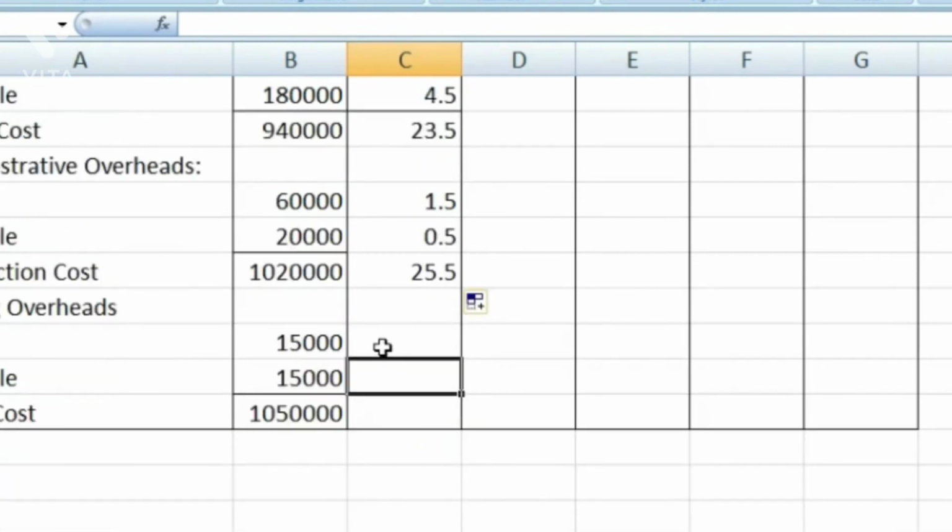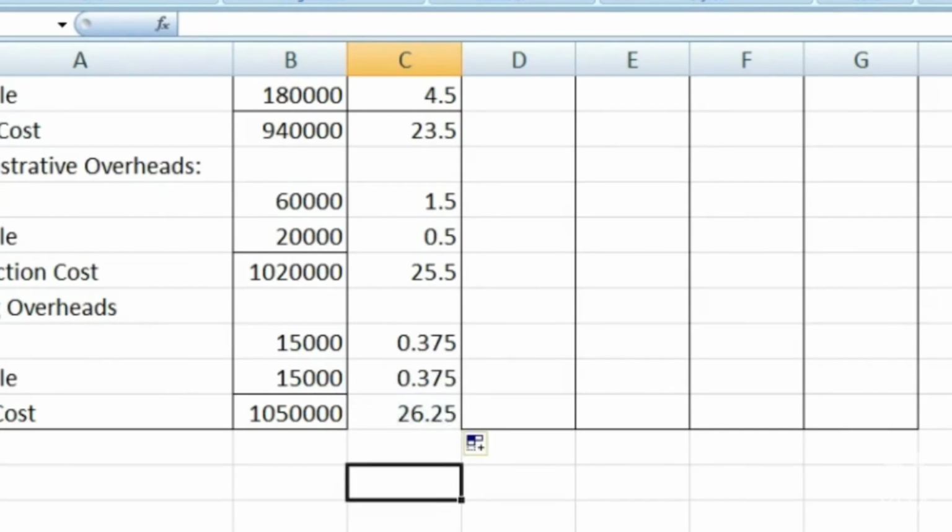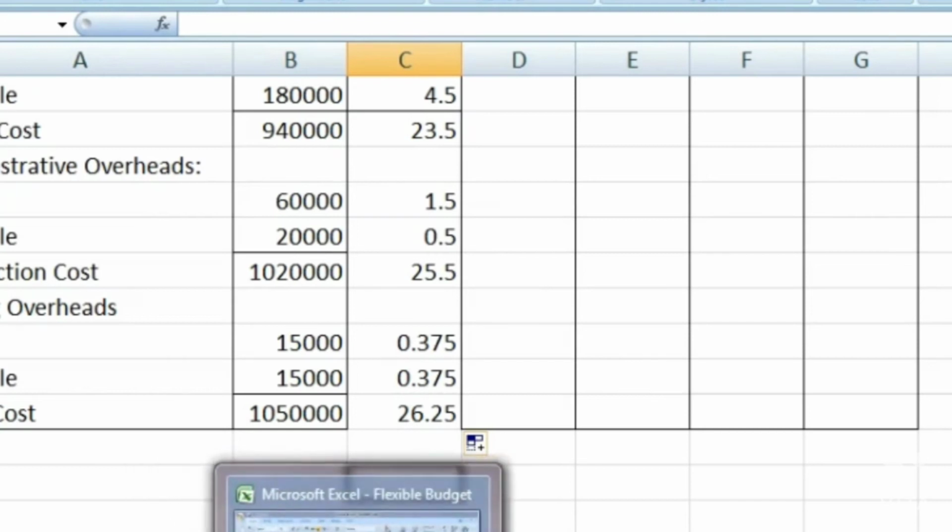Okay. Same pattern once again. This divided by 40,000. Okay. Same. And final cost is 26.25. Understood, everybody?